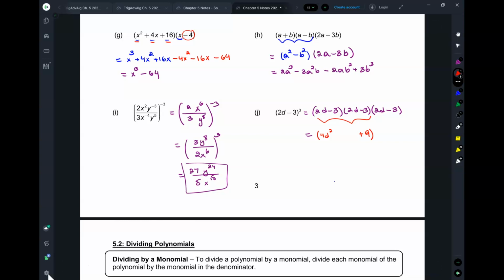The middle is going to be 2 times negative 3 times 2d, because this is 2d minus 3 squared. So we square the first term, we square the last term, and the inside term is this times this, negative 6, times 2, negative 12d. And then I have 2d minus 3.